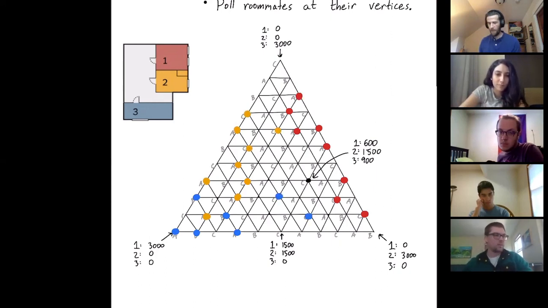And pretend we go through and ask each roommate for every vertex with their name associated to it, what room they prefer. So I should probably describe this vertex. Roommate C, at this vertex, you could have room 1 for $600, room 2 for $1,500, or room 3 for $900. And maybe they say, I want to save my money, so I'm going to choose room 1.